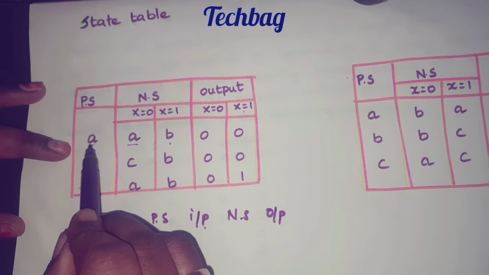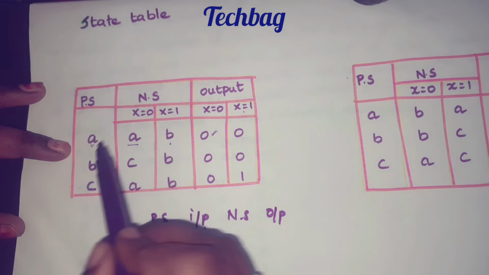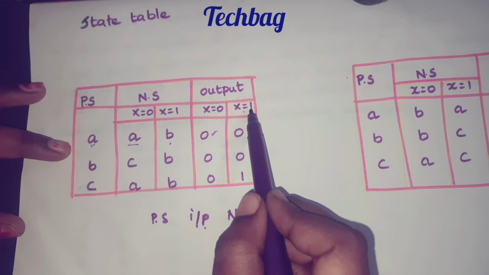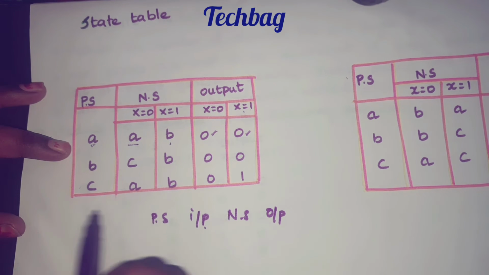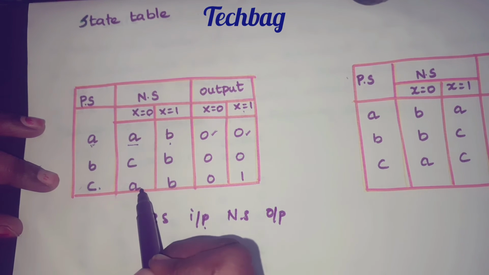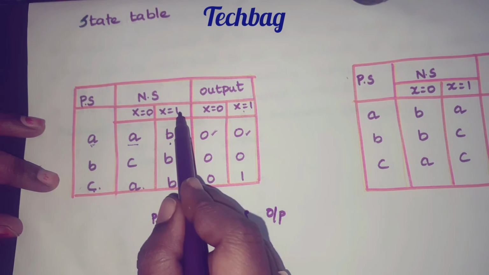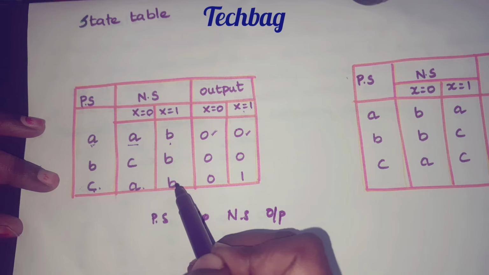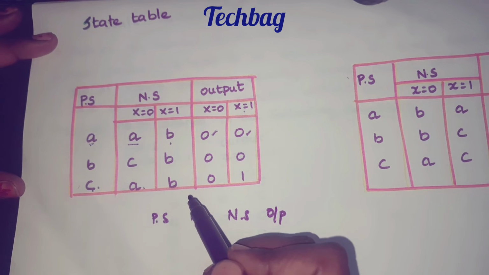So if your present state is A and input is 0, the output is 0. Present state A, input is 1, then the output is 0. Similarly, we can explain all the 3 rows. So present state is C, input is 0, then next state will be A. If present state is C, input is 1, then the next state will be B. Okay, so this is the state table of Mealy model.